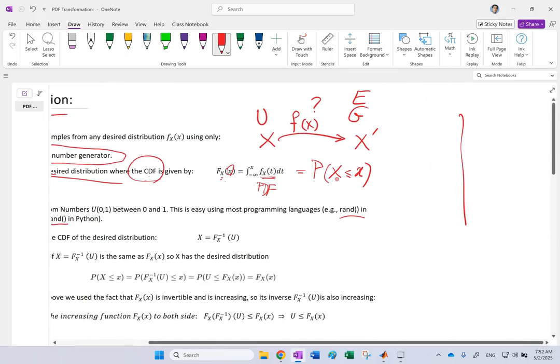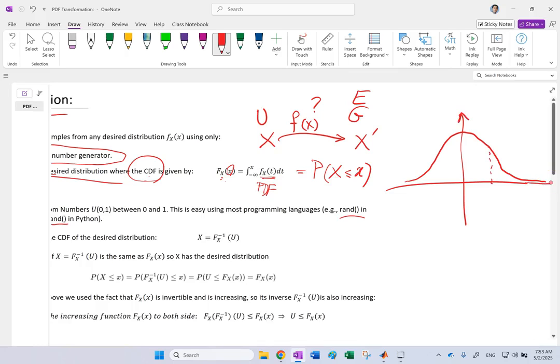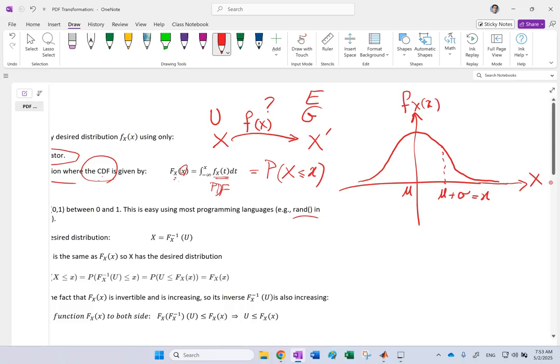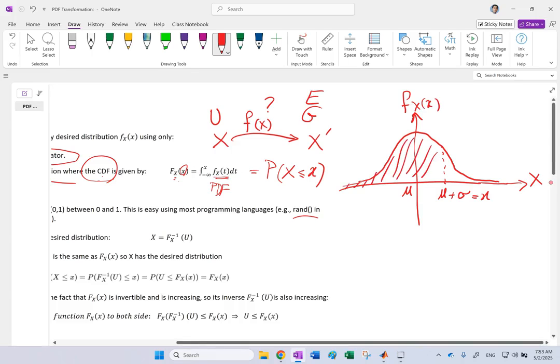For instance, in a Gaussian distribution, if my x is here, let's say one standard deviation away from the average, so this is mu plus sigma, this is my small x, and this axis is x, and this is f of x, then basically it is the area from negative infinity to x. So all of this area up to this point is the cumulative distribution function for that specific value.